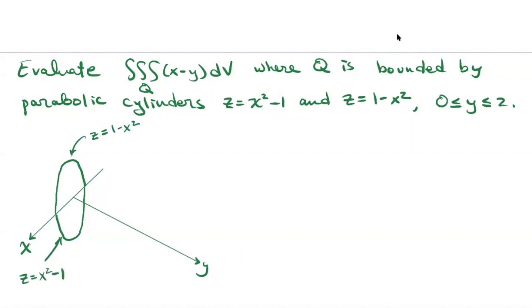So I've drawn those as curves, but they're cylinders, which means they are unconstrained in one variable. So I think what I would do is maybe make a copy of the y-axis. So another line parallel to the y-axis and maybe put it right there. Not going to be permanent. And another one down below.